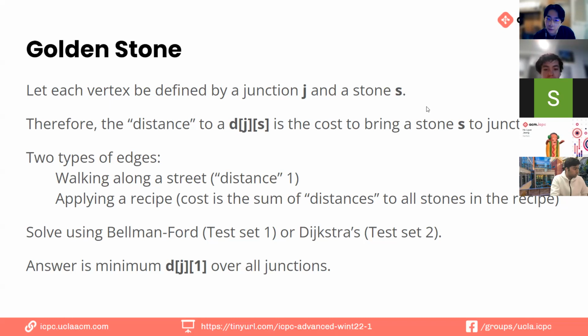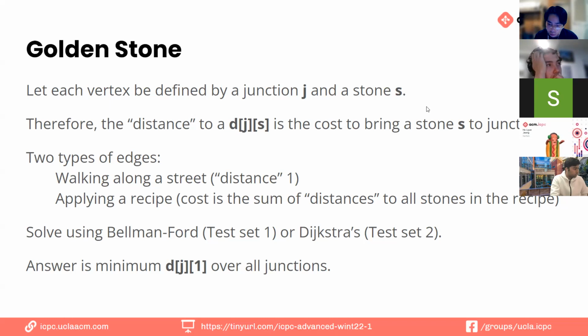Okay, so in my implementation, you pop out a single vertex, so it's going to be the city plus the stone, and then every time that happens, you redo all of the recipes. And if you haven't considered grabbing a stone and bringing it to your current location, you just skip that recipe. And then after you do that, you propagate every stone.